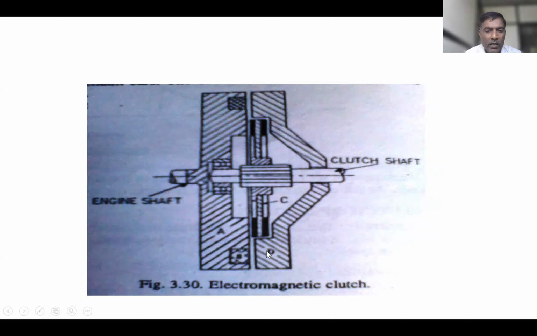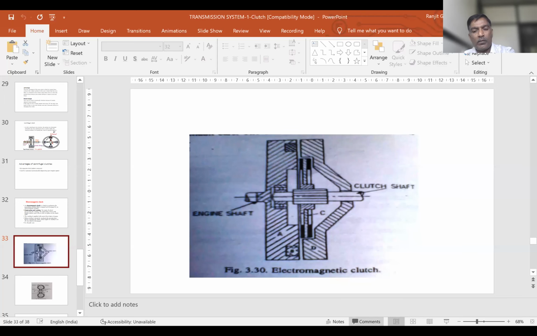And ultimately, this clutch plate is grabbed between the flywheel and the pressure plate, and torque is transmitted to this driven or clutch shaft. So I will show another PPT.